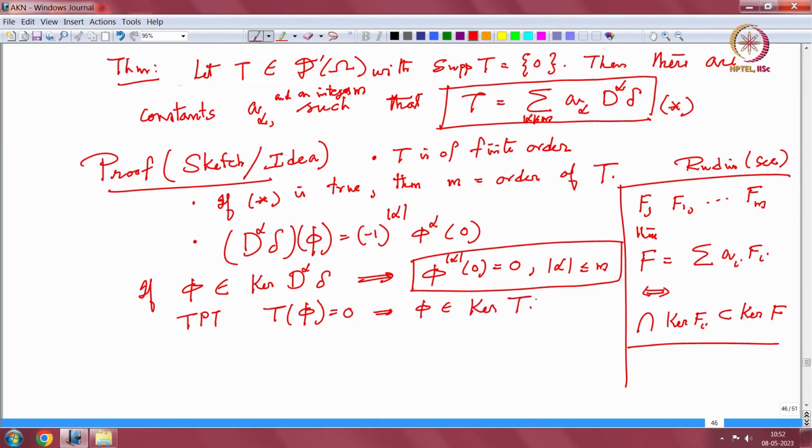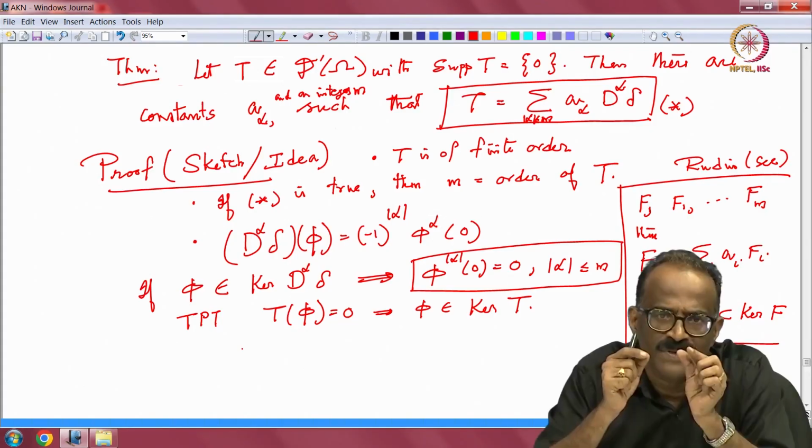Okay. Now, there are a little bit technical two points you have to understand. Now, you see that the support of T is equal to 0. So, if you take any phi outside a neighborhood of 0, T will not contribute anything to it. So, however small a neighborhood you take, the non-triviality of T phi will come only from the neighborhood of 0.